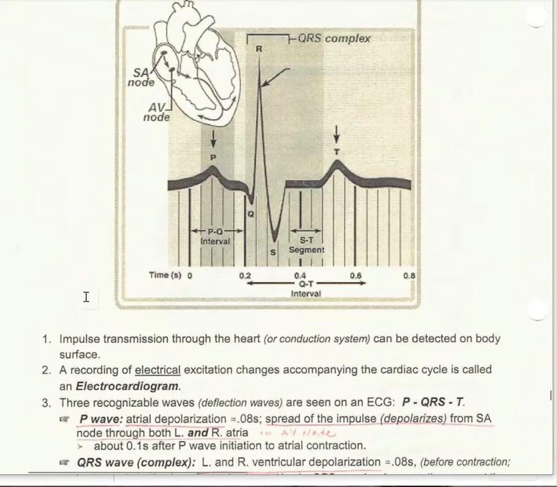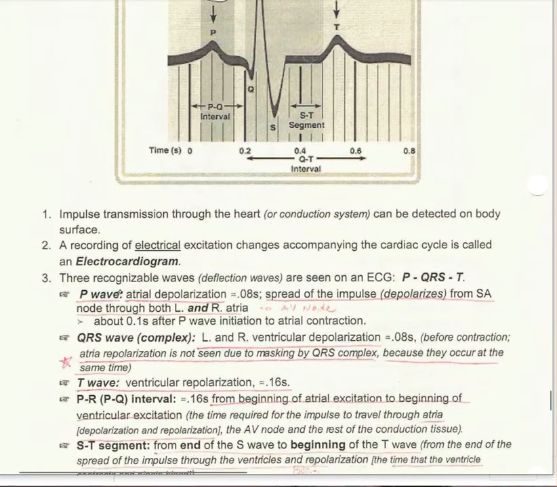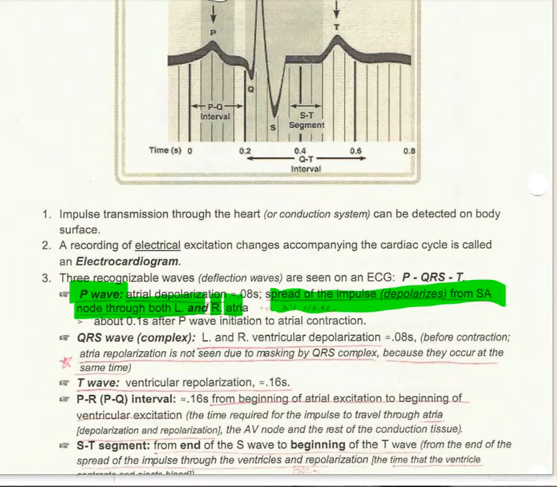Now, what are all those things happening? Well, let's think about what we just talked about, and what each of these does. The P wave is atrial depolarization. This is when the impulse spreads from the SA node through both the left and right atria and to the AV node.